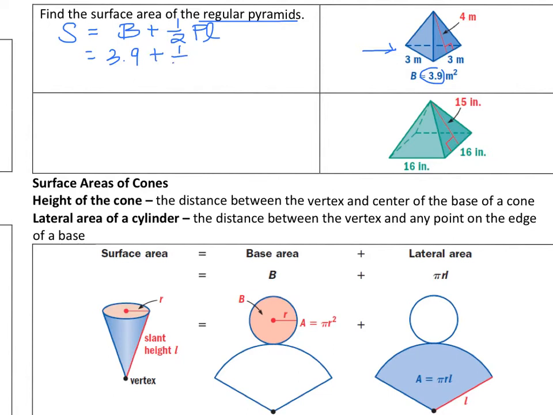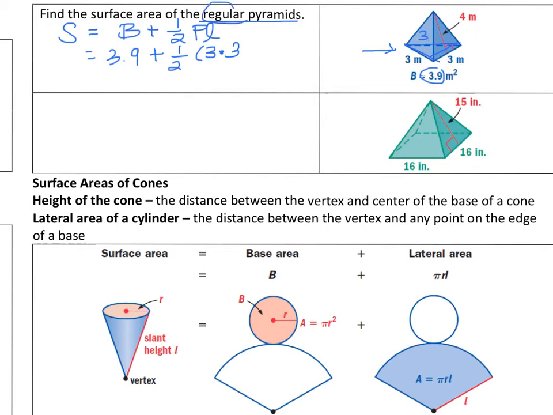plus half. The perimeter will be 3 times 3, because you have 3 equal sides.